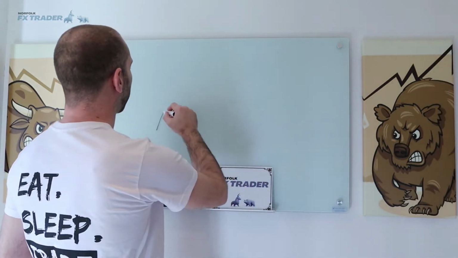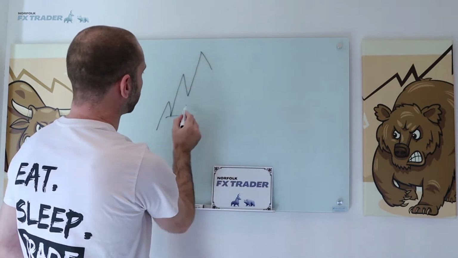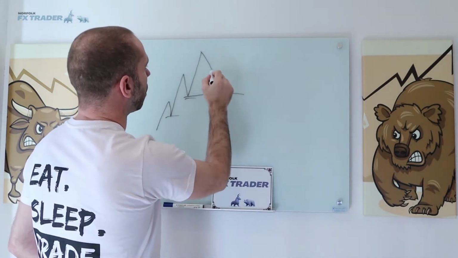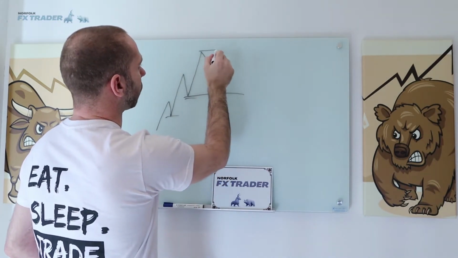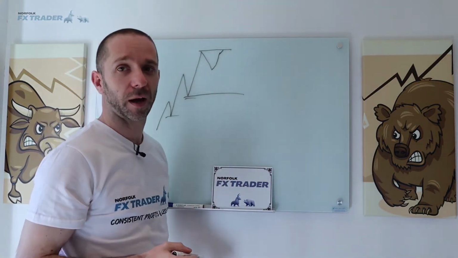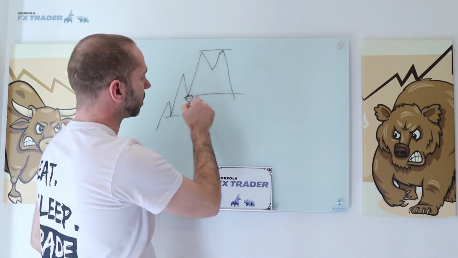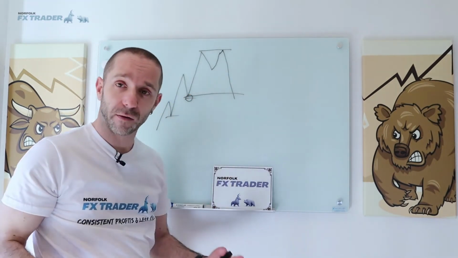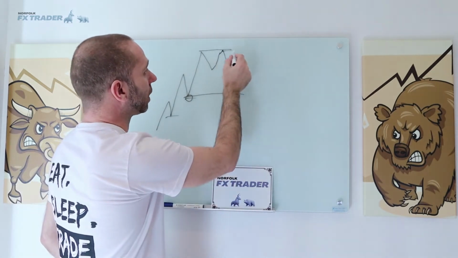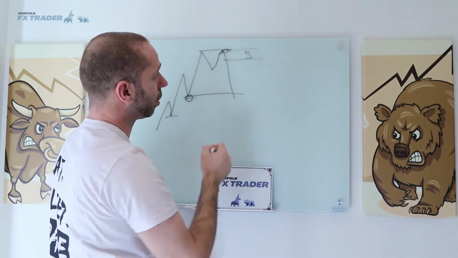If we have a market creating the typical higher high, higher low situation, then this is our last higher low unless the market goes above this high. If the market doesn't go past this high, it has to come all the way down to break this low, which in fact will be an area of demand. And it has to break that low before we can create a new high with a new area of supply.